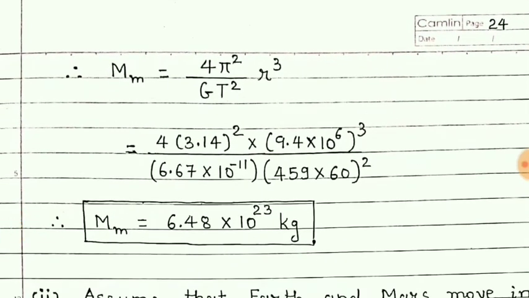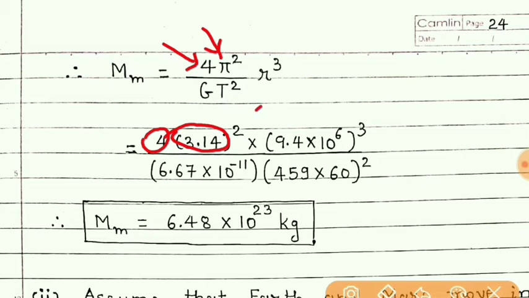Now just put the values: 4, then value of pi, that is 3.14, and square of it, r, that is given 9.4 into 10 raised to 3 kilometer.